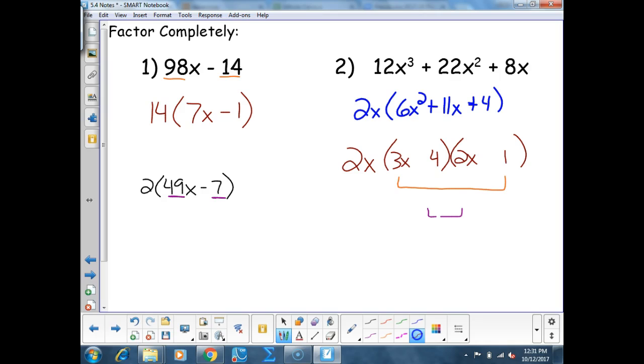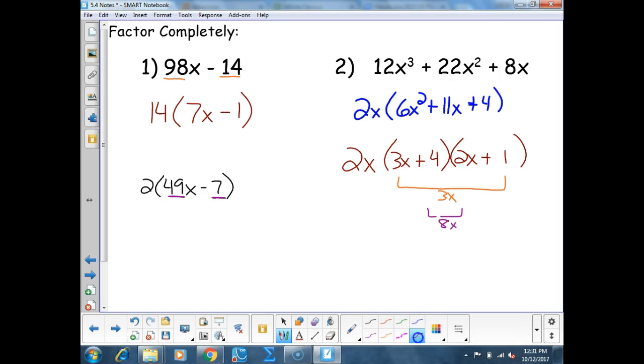4 here, 1 there. That gives me 3x and 8x. Add those together and I get 11x. So they both have to be positive. Yep. So yes, Nick, order matters. And let's say, in case it didn't work, what if 4 and 1 didn't work in that order?